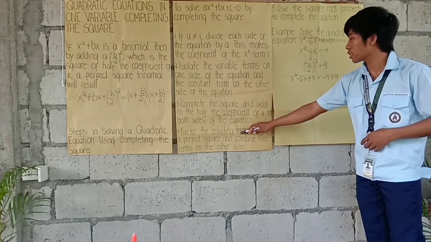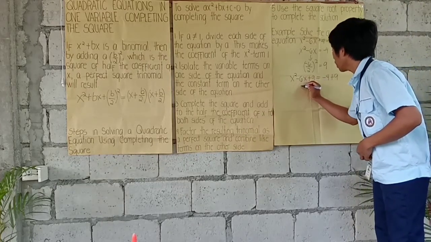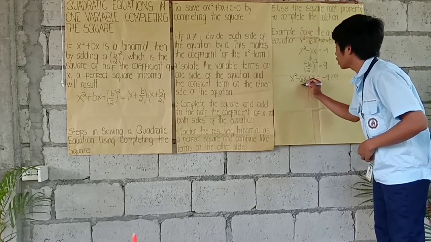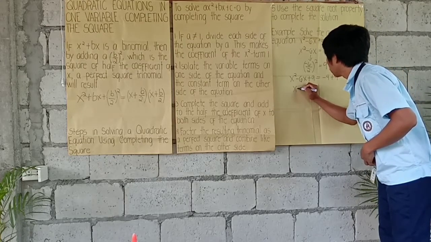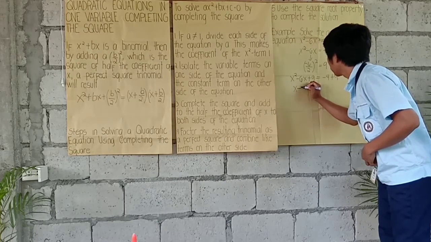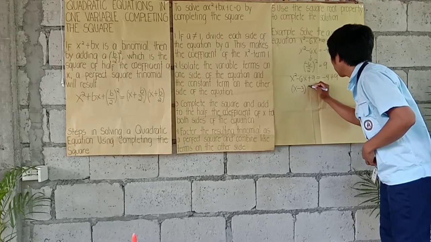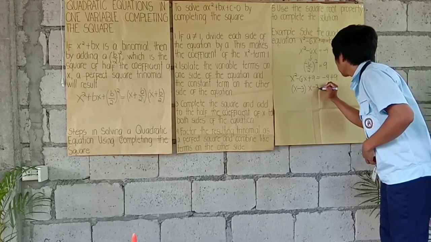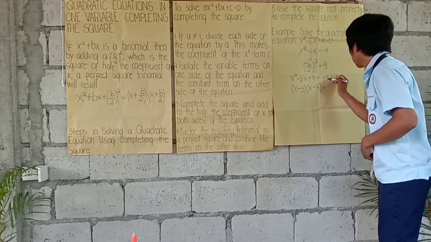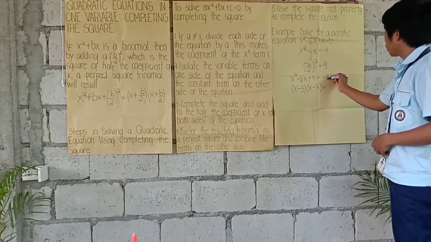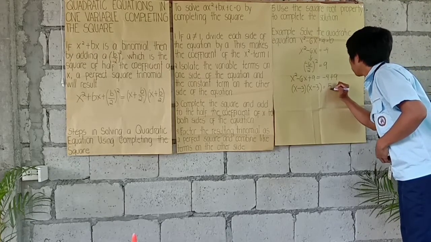So, this is the step 4. So, i-factor na natin itong perfect square trinomial natin. So, magiging x minus 3, x minus 3 is equal to negative 4 plus 9 is equal to positive 5.